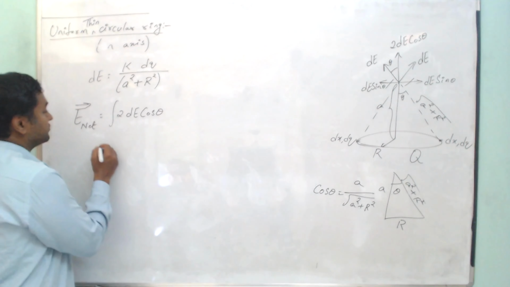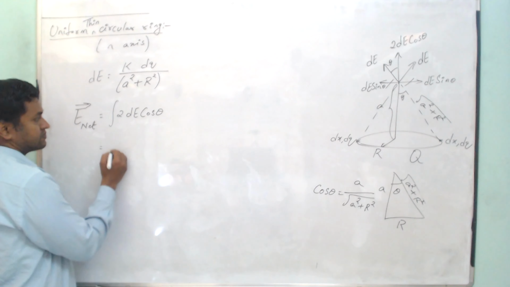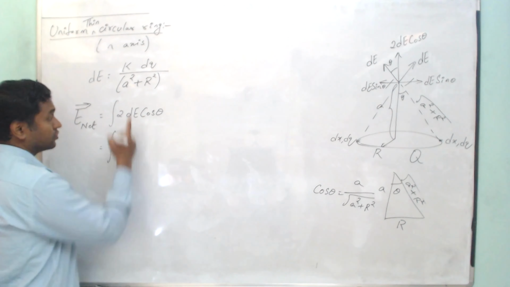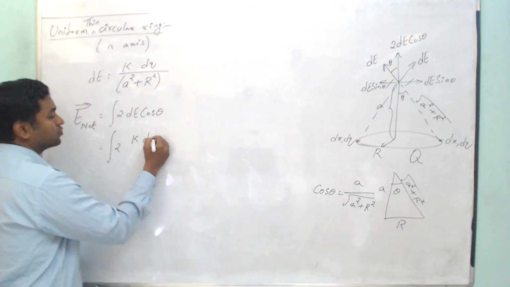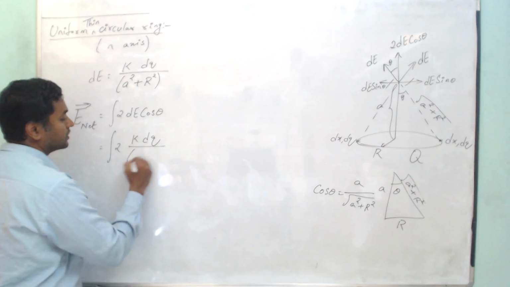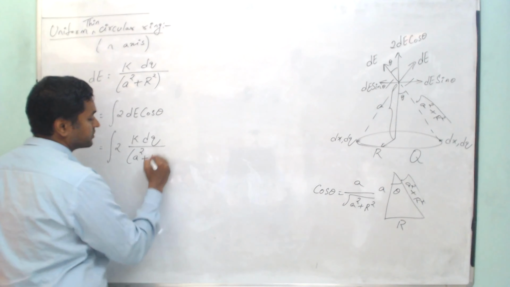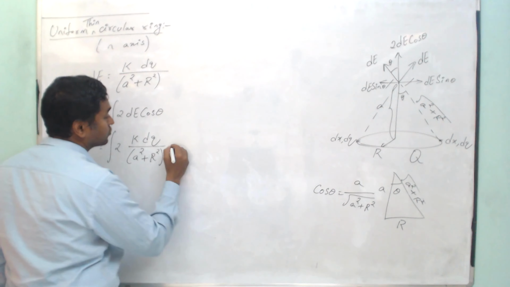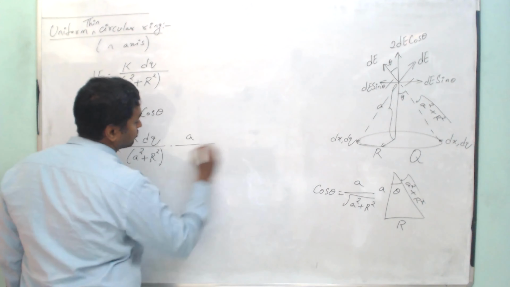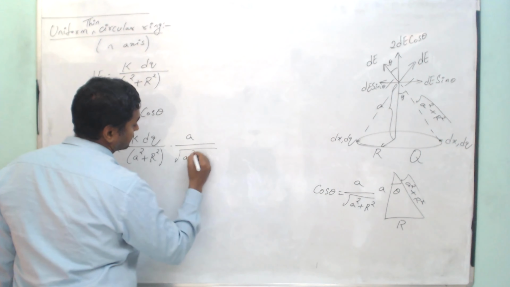Simply this will become integral of 2 K dq upon a square plus r square, into cos theta, which is adjacent upon under root of a square plus r square.